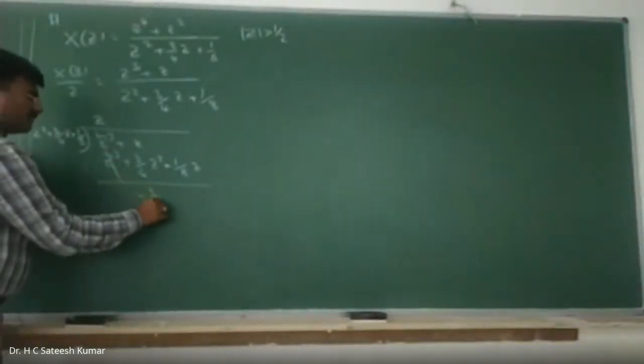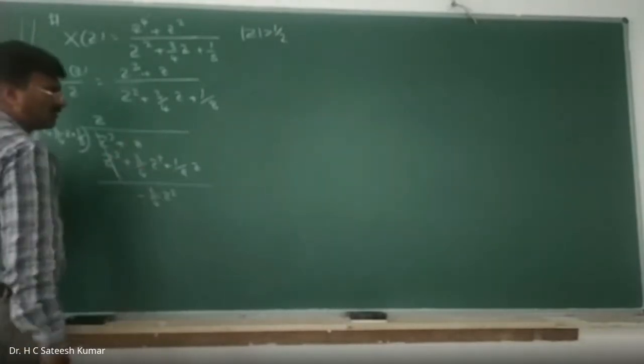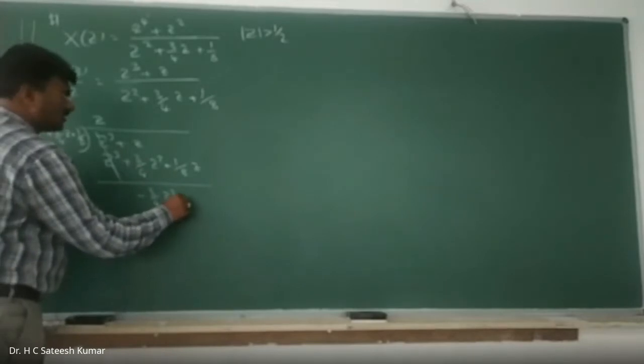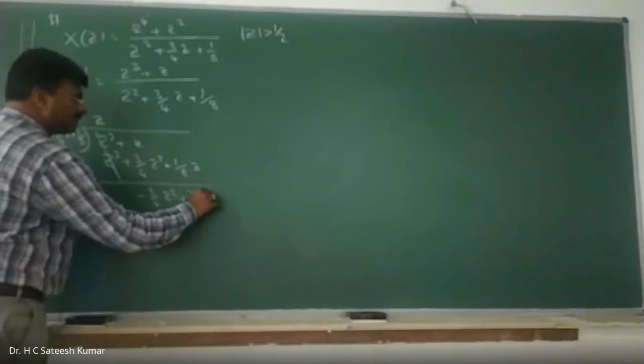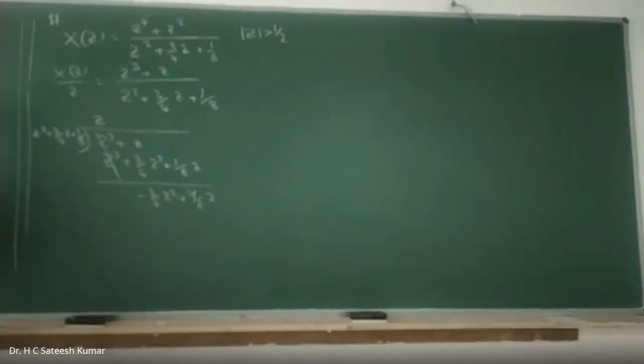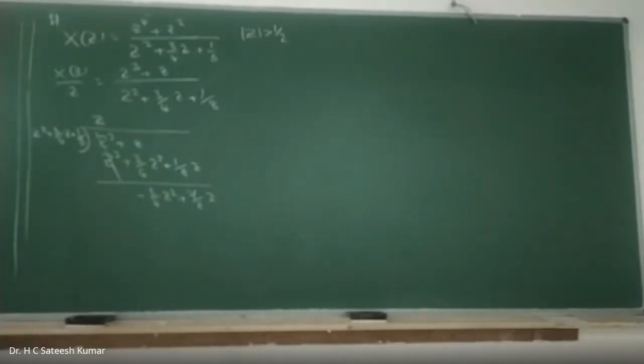Then you get minus 3 by 4 Z square, and then Z minus 1 by 8 Z is nothing but plus 7 by 8 Z, since 1 minus 1 by 8 is 8 minus 1 is 7, so 7 by 8.